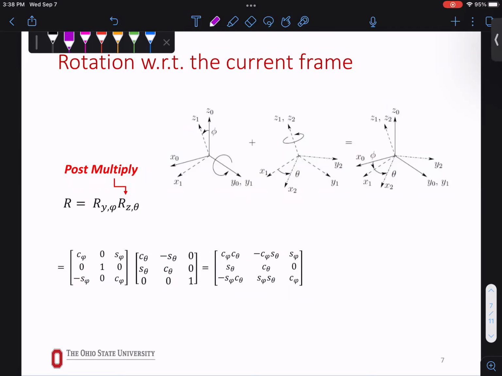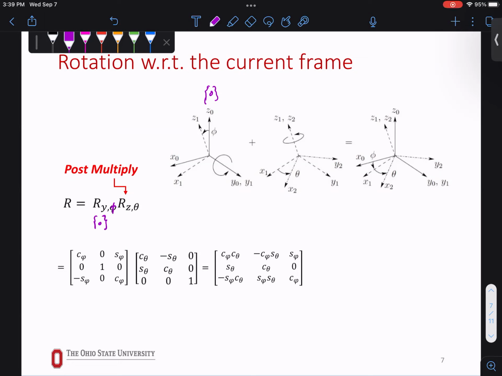In this case, we will post multiply the new rotation. So let's say x0, y0, z0 is our original frame, and I'm rotating by an angle. So my first rotation about frame 0, I'm going to write here so you know, about frame 0.